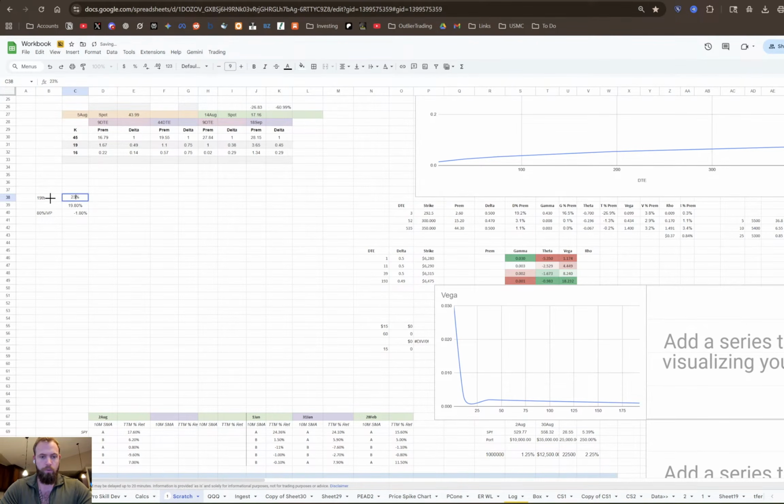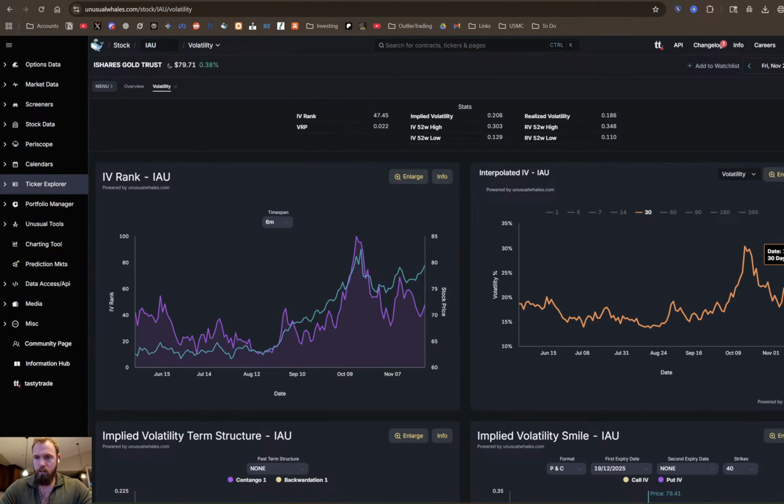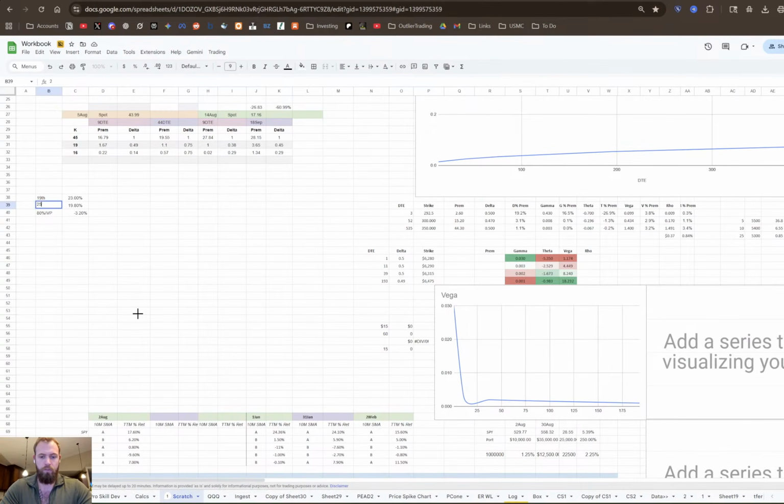And then if we take a look at the low here, it's like 19.6 on the 25th. So this is what vol did over that time frame.